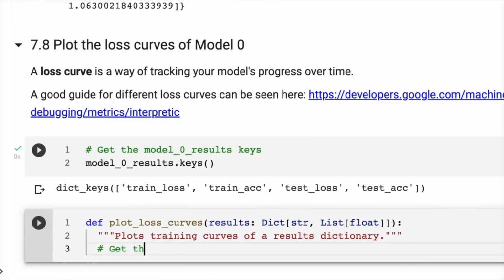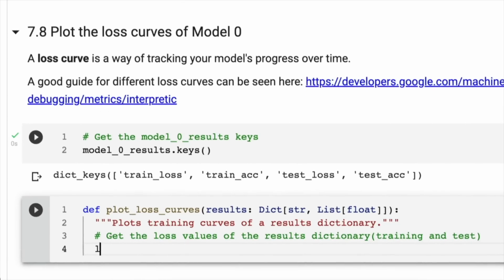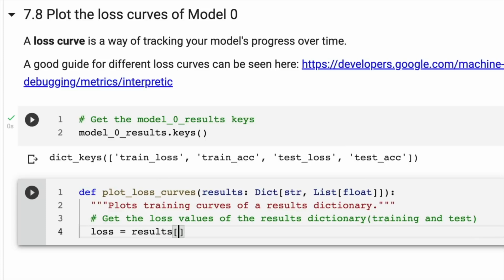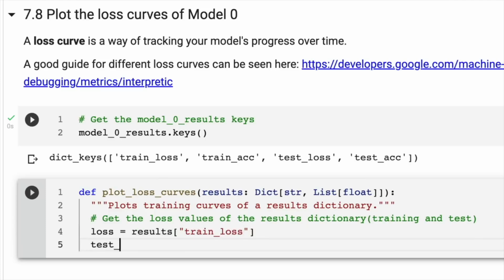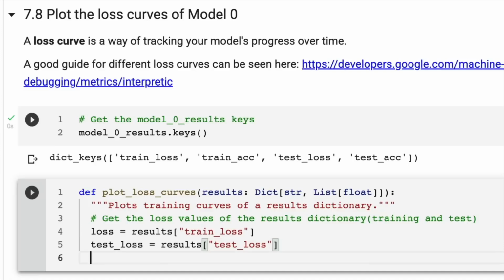So we want to get the loss values of the results dictionary. So this is training and test. Let's set loss equal to results train loss. So this is going to be the loss on the training data set. And then we'll create the test loss, which is going to be, we'll index on the results dictionary and get the test loss. Beautiful.